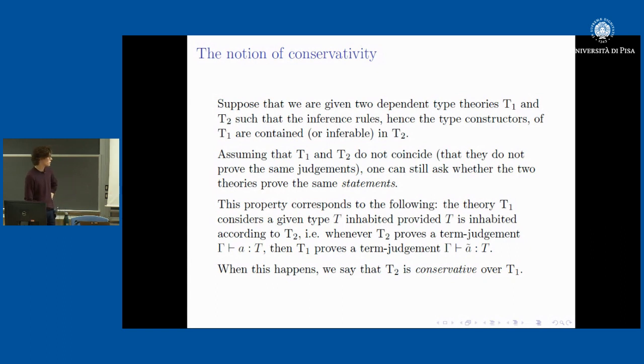So in other words, if T2 proves a term judgment A lives in T, then T1 proves the same thing. So it is also able to build a term, let us call it A tilde, that lives in T. When this happens, we say that T2 is conservative over T1.